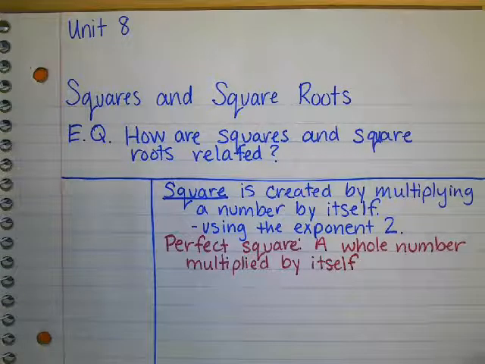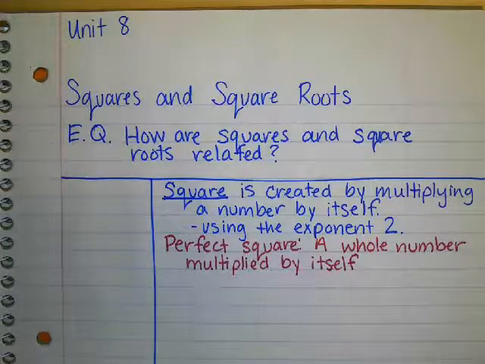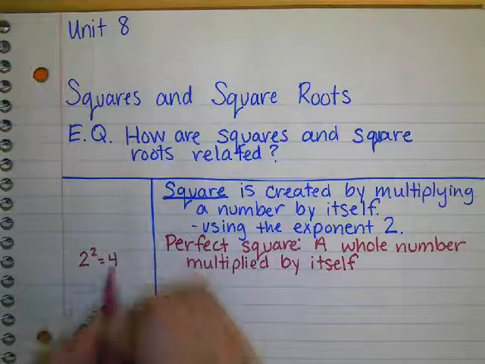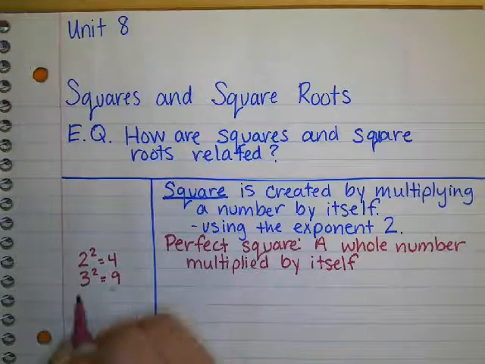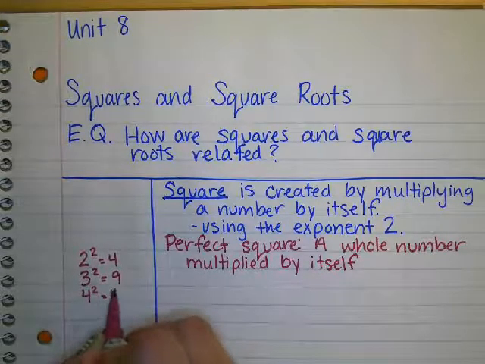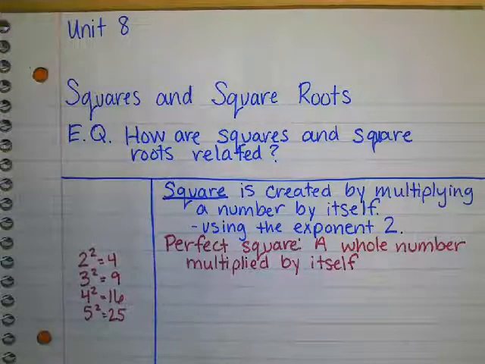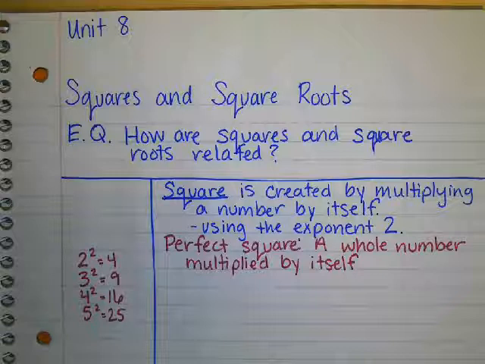We talked about 2 times 2. We had 2 squared is 4, 3 squared is 9, 4 squared is 16, 5 squared is 25, and so on and so forth. So we're taking those numbers and just multiplying them together. Those are your perfect squares. You've been practicing them all the way up to 25.